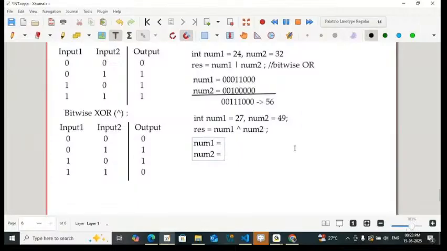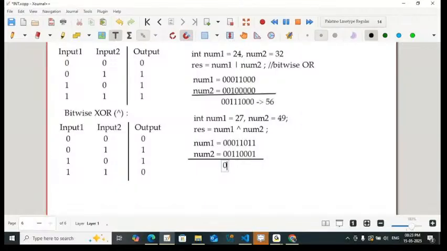Okay, so 27 in binary is 00011011. Okay, and num2 in binary is 49. So 49 in binary is 00110001. After we perform the operation, inputs are different, output is 1, inputs are same, output is 0.